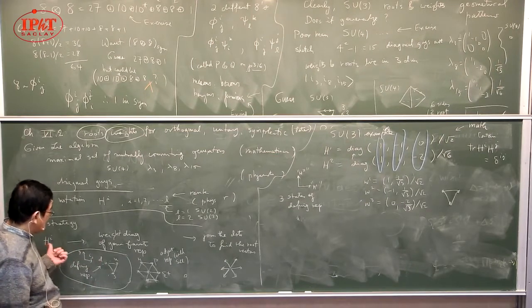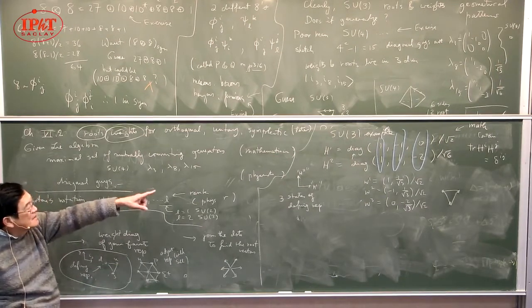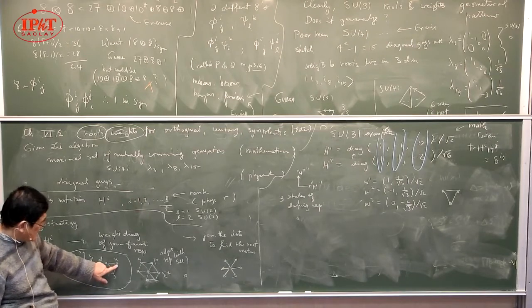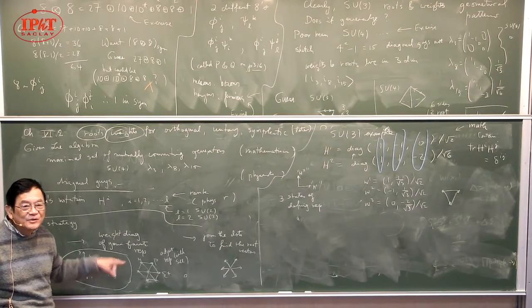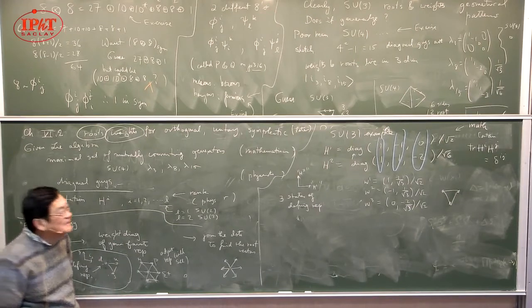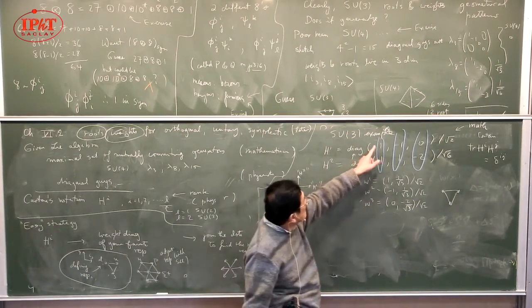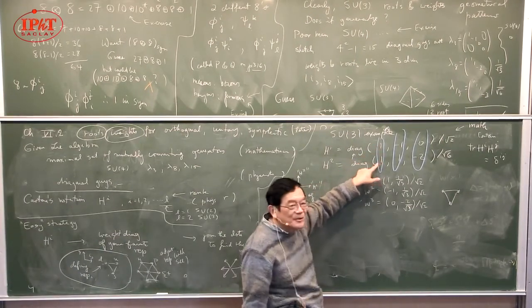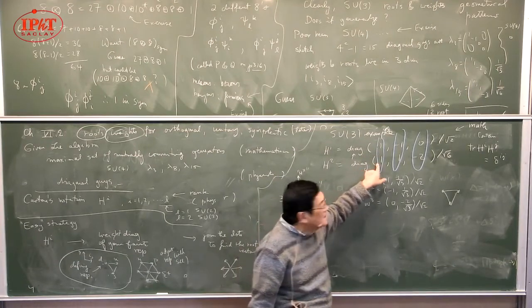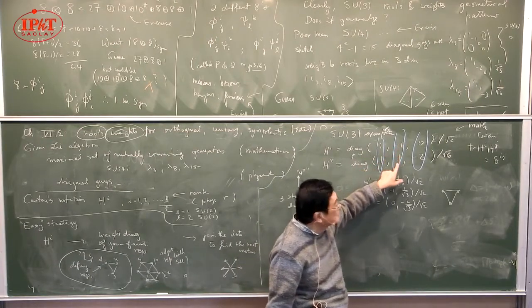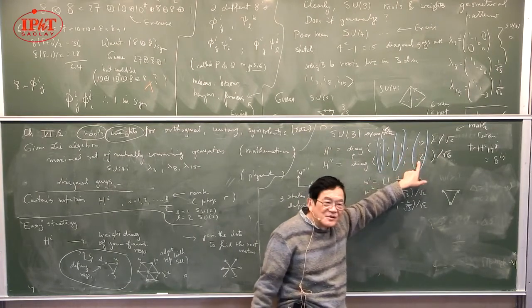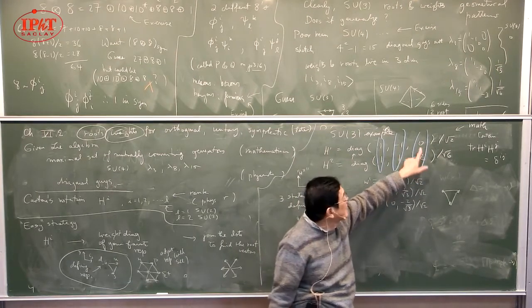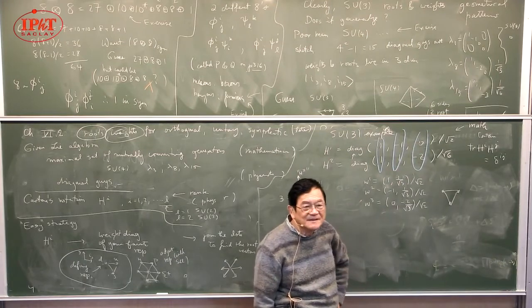So by definition, the diagonal elements are the eigenvalues of isospin and of hypercharge. So this is the isospin and hypercharge of the up quark. This is the isospin and hypercharge of the down quark. And this is isospin and hypercharge of the strange quark. The strange quark, by definition, is 0 isospin.